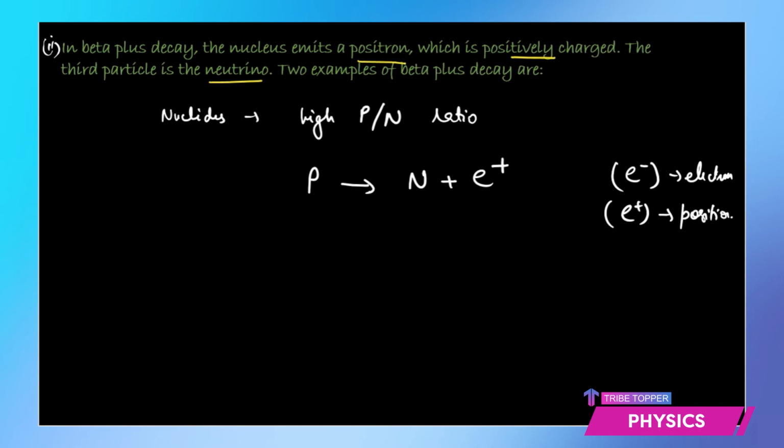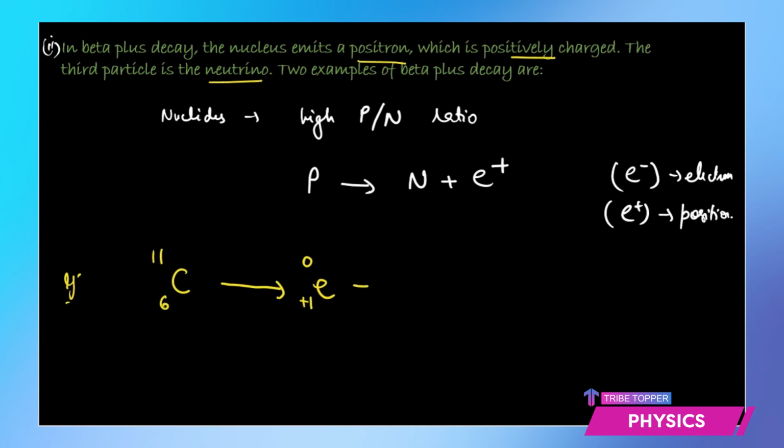We can see examples of beta plus decay. So you have 6 C 11. Here the proton to neutron ratio is higher, so this is going to emit a beta plus particle. Beta plus means +1 e 0. Like beta minus was -1 e 0, beta plus is +1 e 0.